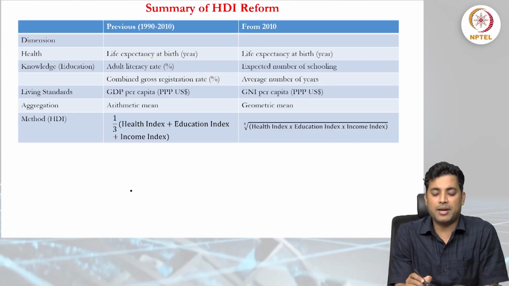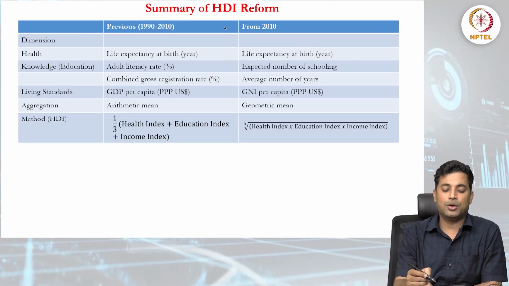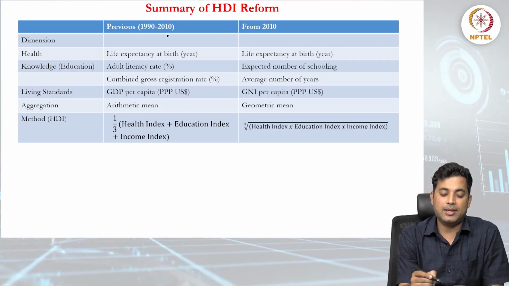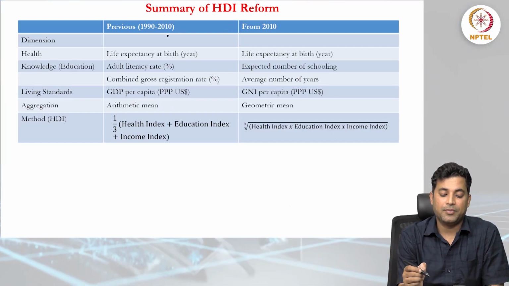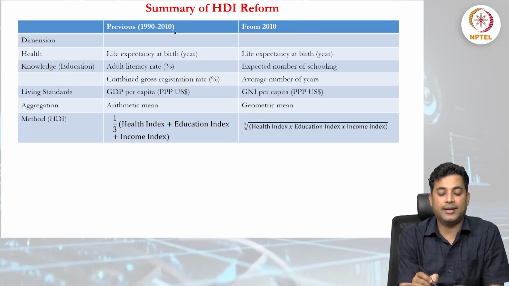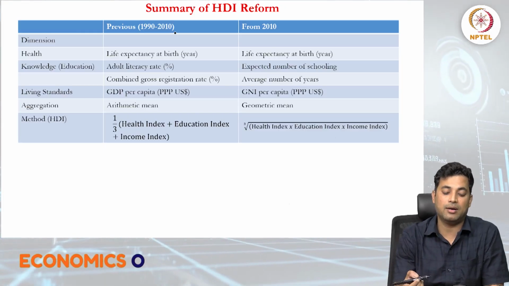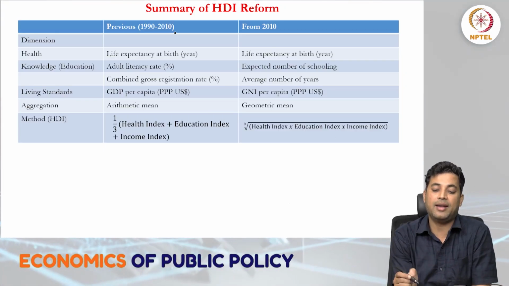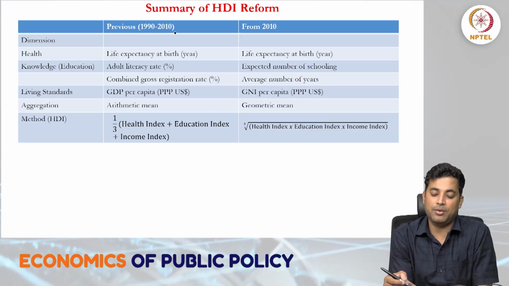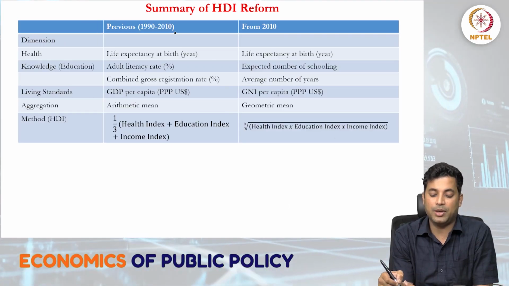Just to summarize the human development index reform: it came in 1990 from UNDP, as I mentioned. Till 2010 there were some methods through which we calculated the human development index, and from 2010 we have different methods that we consider.